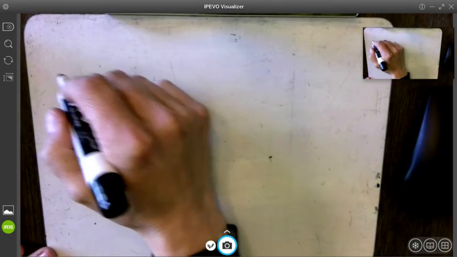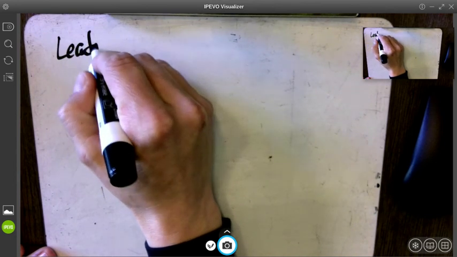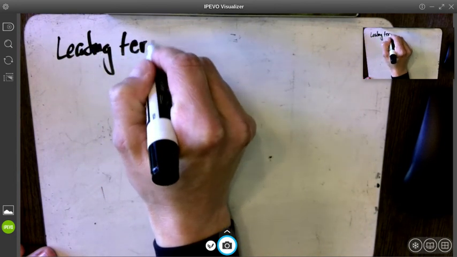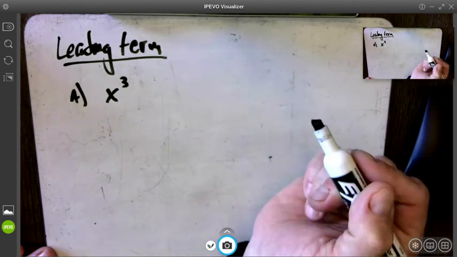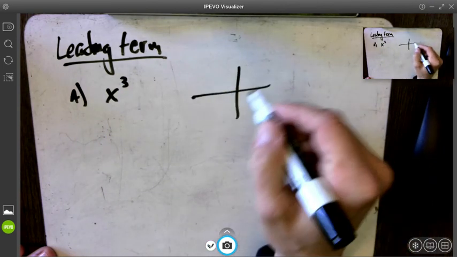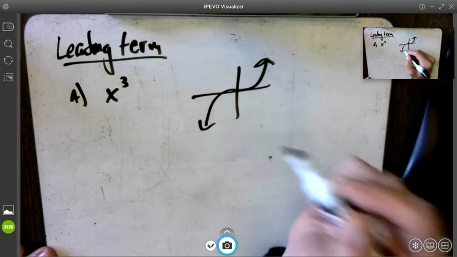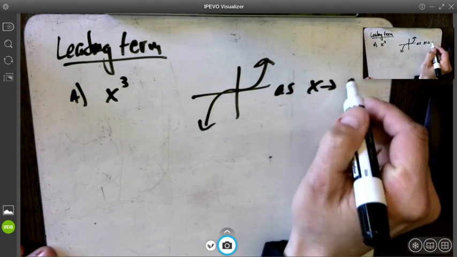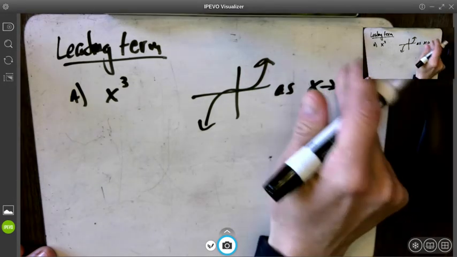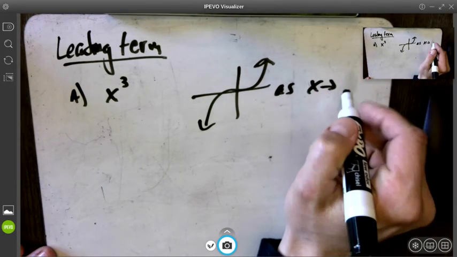If my leading term is the following, something to the x cubed, then I know my graph is going to look like this on some level long term, as x goes to the infinities.